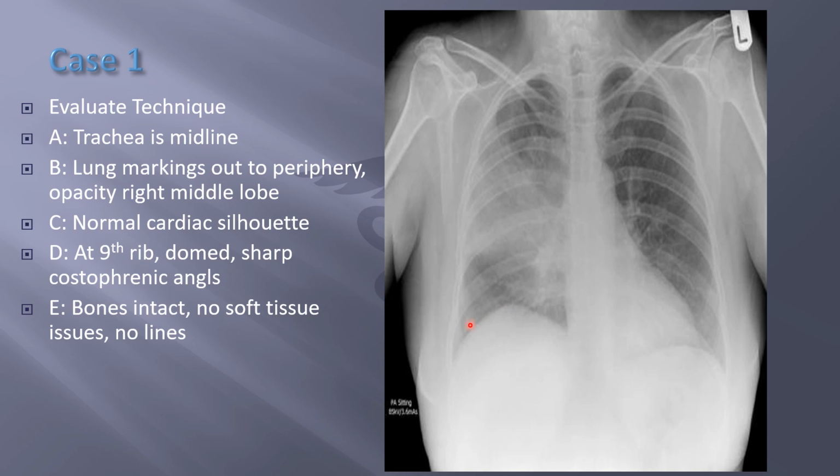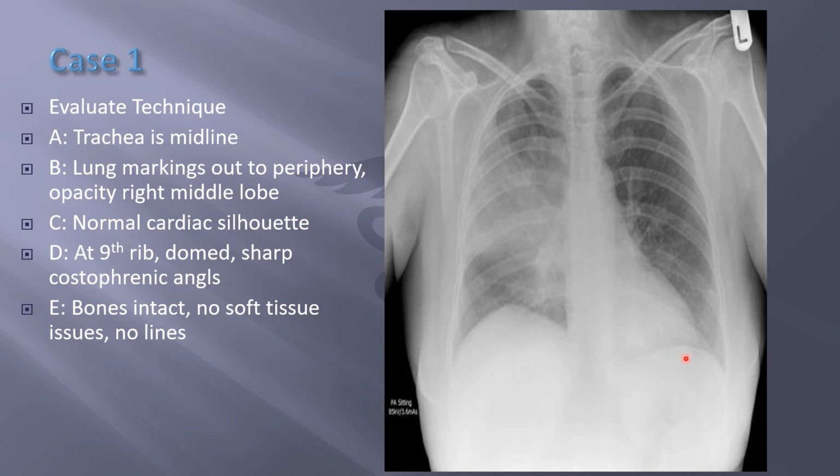I'm looking at the diaphragm next. Diaphragm, yes. Domed, right is a little bit higher than the left. I see costophrenic angles. And I see a little bit of an air bubble in the stomach.